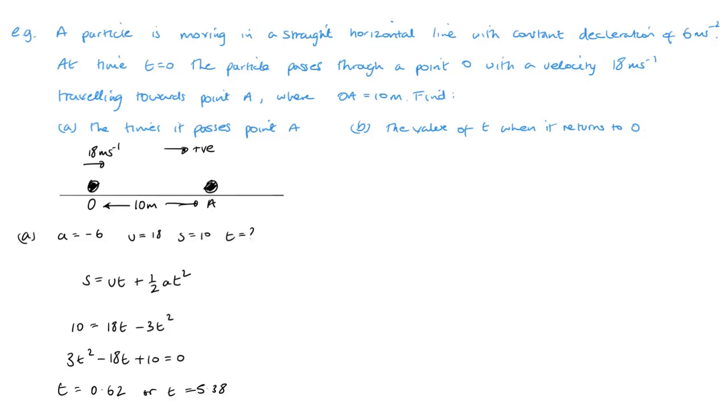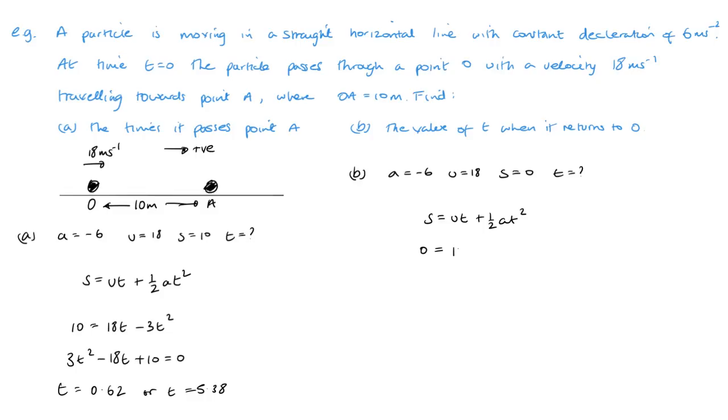Okay, and then that is part A done. Now part B, we know that a is still minus 6, u is 18. We know that s equals 0, and then we want to find t. s is 0 because it's gone and it's come back. Now these are the same 4 letters as earlier, so it's going to be the same formula. So s equals ut plus a half at squared. And now it's just a matter of substituting in.